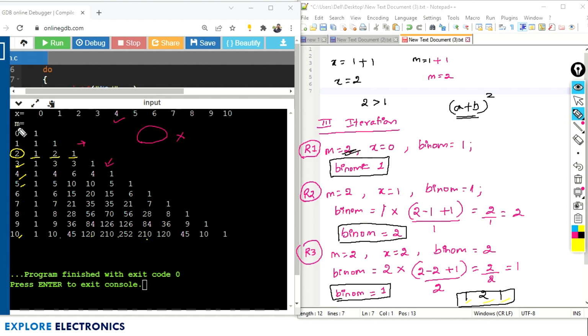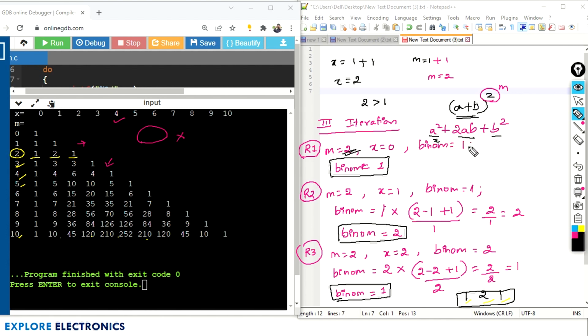So what is m here? M is nothing but the power of this binomial expression. This is our m. And x is nothing but the different combinations that we will get for this particular expression. So here it is a square plus 2ab plus b square. So these are the different combinations, combination 1, 2, 3.